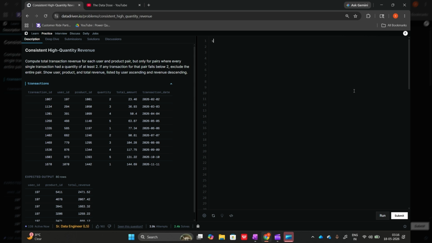We need the user ID, the product ID, and then the sum of total amount, that is revenue, as total amount, from the table transactions, and I need to group by the user ID and the product ID.